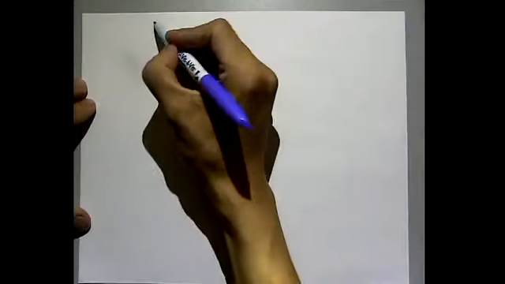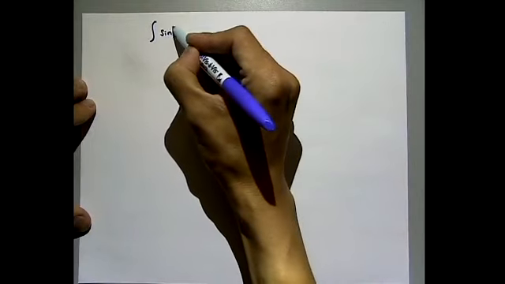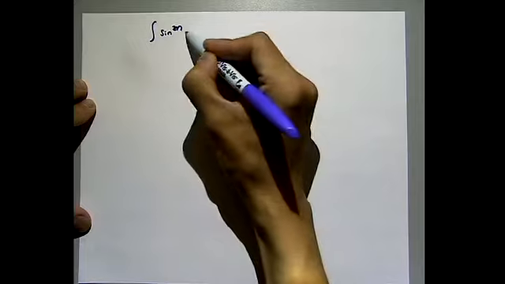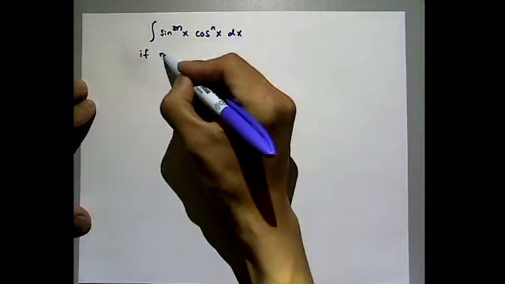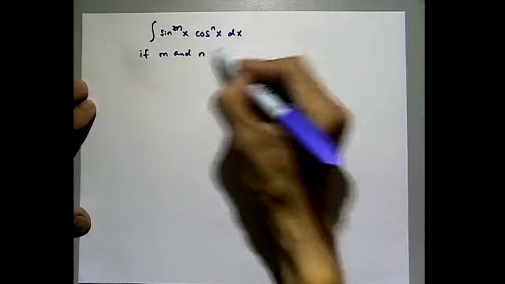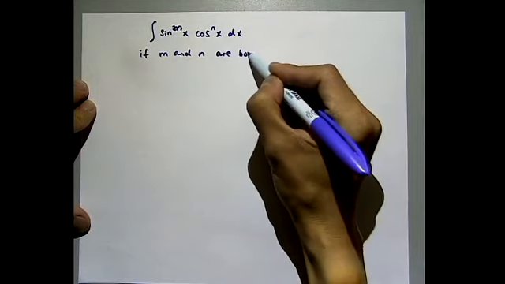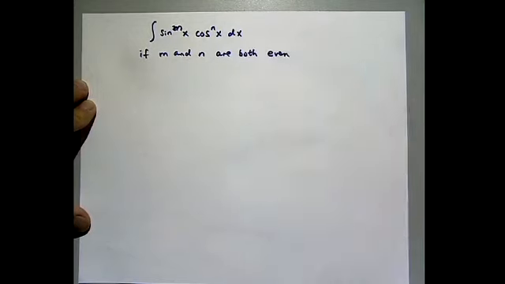Okay, now let's look at what happens when they're both even. If they're both even, we still need some kind of identity.